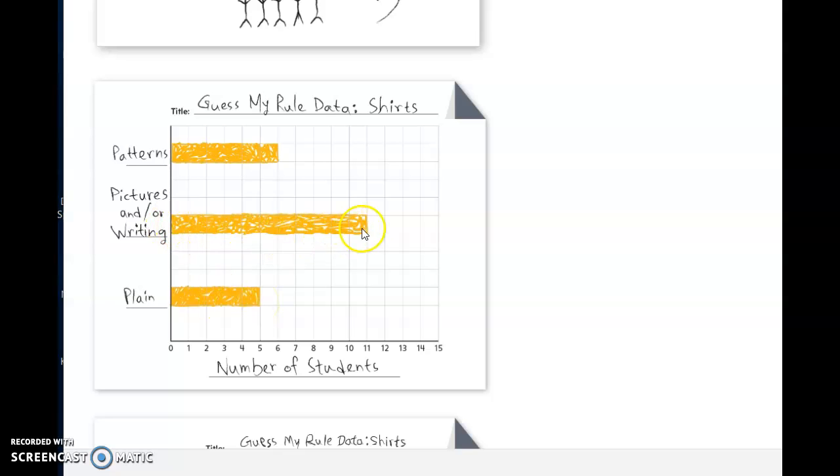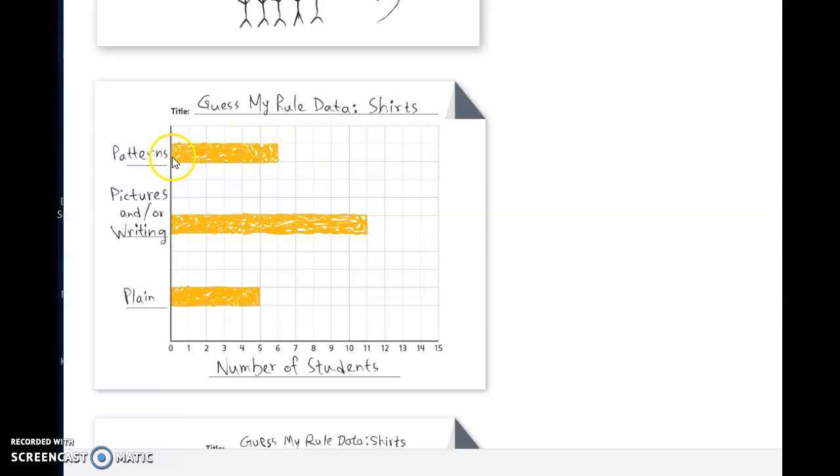Then we go up to the pictures and writing, and we can clearly see that this student has colored in 11 boxes for the 11 shirts that had pictures and/or writing. We see that because we look right down here at the numbers we have on the graph. We stop right at that number.